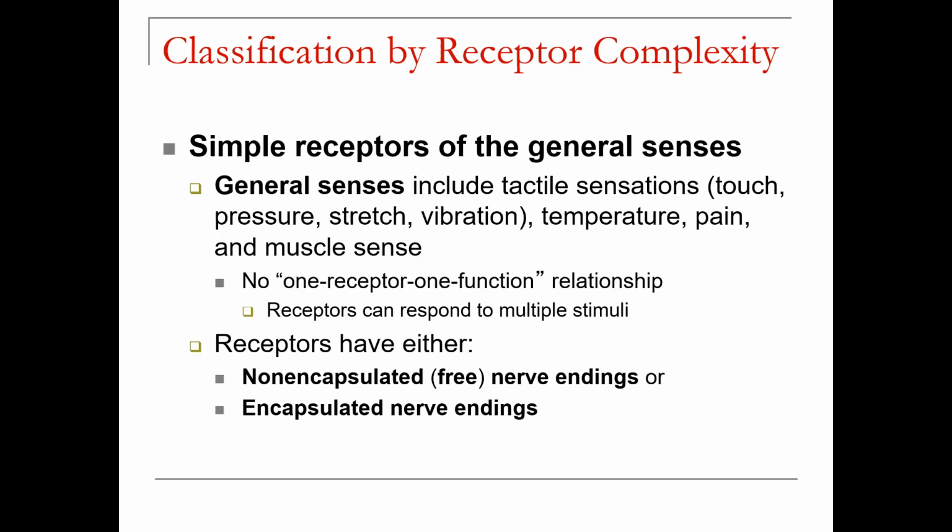So now these general senses can respond to multiple types of stimulation. A receptor can respond to itch or pressure or stretch or vibration. Now, temperature receptors are different, pain receptors are different, and proprioceptors are different.